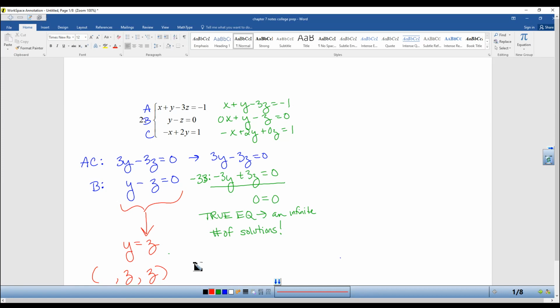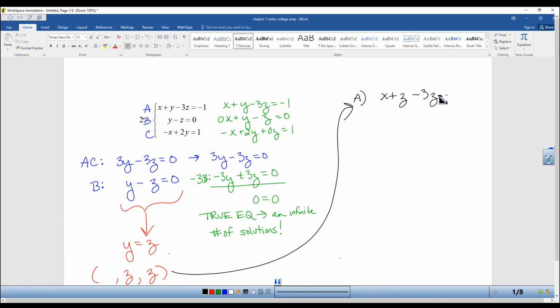So if these had been numbers, if you had, I don't know, 6 and 7, how would you find x? You'd plug it back into one of those equations. So that's what we're going to do. We're going to plug it back in. So I'm going to take this, and I'm going to go, if I went to A, then I would write x plus, and instead of y, I would write z.